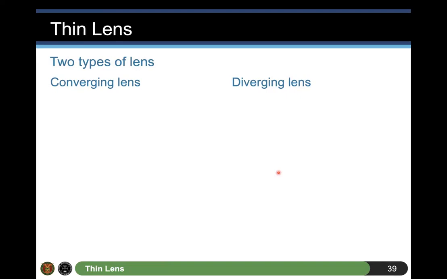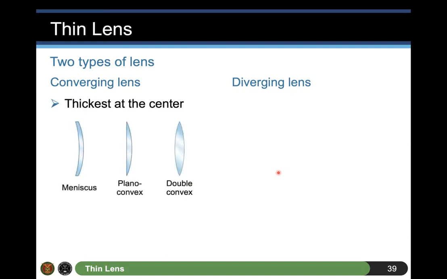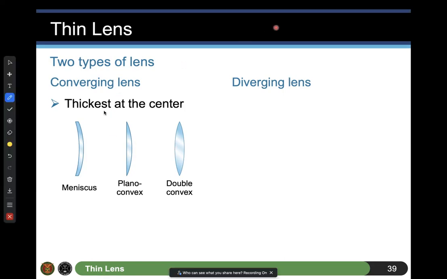So paano ba natin malalaman to? Converging lens, they are thickest at the center. Some examples are converging meniscus, a plano convex, and double convex. If you see, these are composed of two refracting surfaces, right? This is the first refracting surface. This is the second.